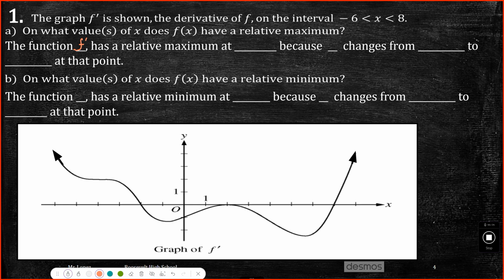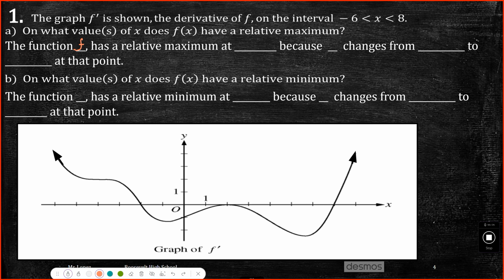Is that correct to go about it like that? See, we don't have the f function. We have the derivative of f, but we want to deduce or come up with what f looks like. So it is not f prime. It's talking about f. So the function f, which we don't have, has a relative maximum at.